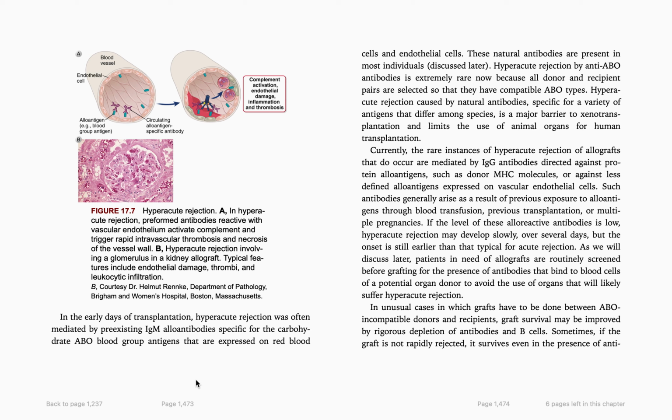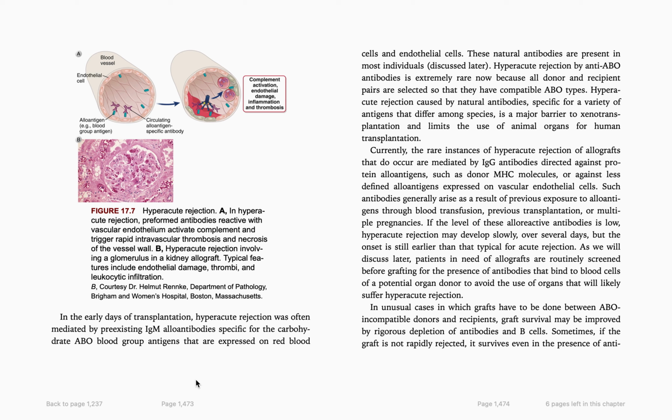Currently, the rare instances of hyperacute rejection of allografts that do occur are mediated by IgG antibodies directed against protein alloantigens such as donor MHC molecules, or against less defined alloantigens expressed on vascular endothelial cells. Such antibodies generally arise as a result of previous exposure to alloantigens through blood transfusion, previous transplantation, or multiple pregnancies.